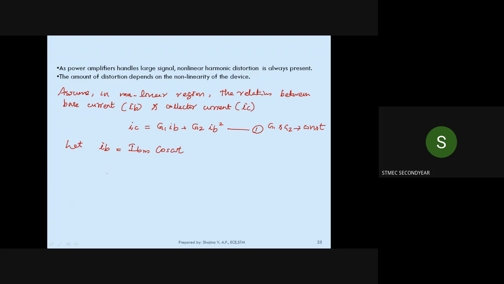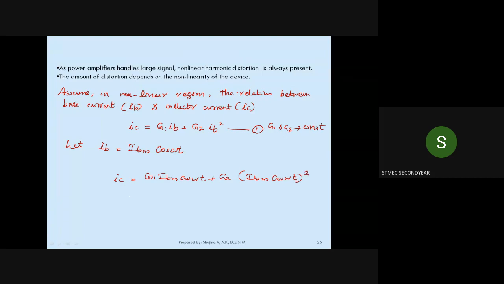So you will get IC is equal to G1 into IB, that is IBM cos omega t, plus G2 into IB square, that is plus G2 into IBM cos omega t whole square. Okay.